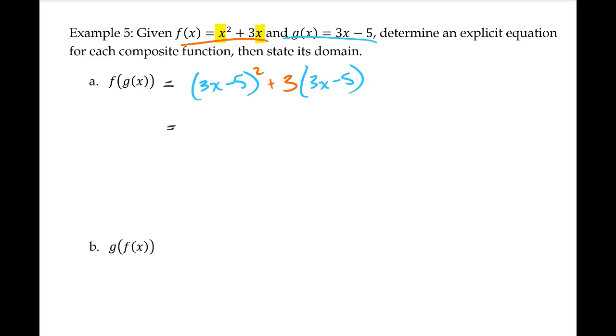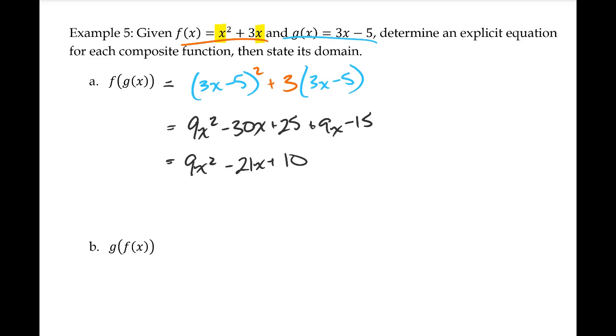It'll get more complicated before it gets simpler, but if we square this, we'll end up with 9x squared minus 30x plus 25 plus 9x minus 15. I think that's 9x squared minus 21x plus 10.